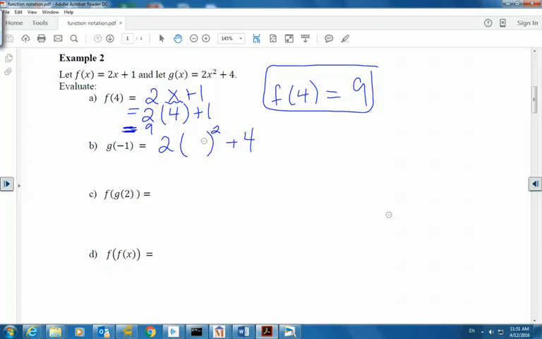I'm going to put negative 1. What is negative 1 squared? 1. So then I have 2 times 1 plus 4. What does that equal? 6. So what is my final answer here? g of negative 1 equals 6.